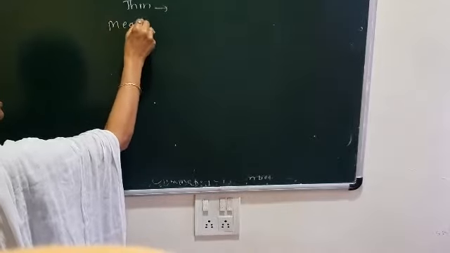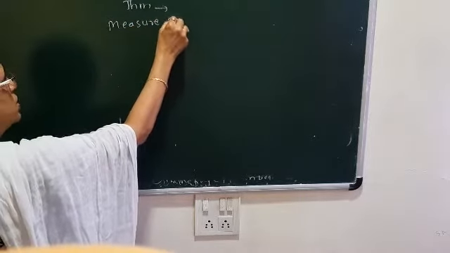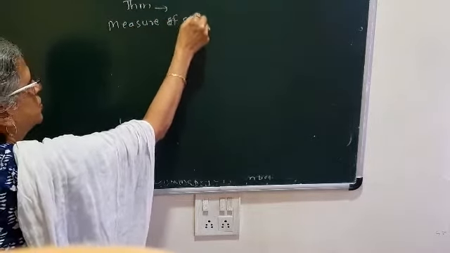Measure of an exterior angle is always greater than its remote interior angle. So an exterior angle of a triangle is greater than its remote interior angle.